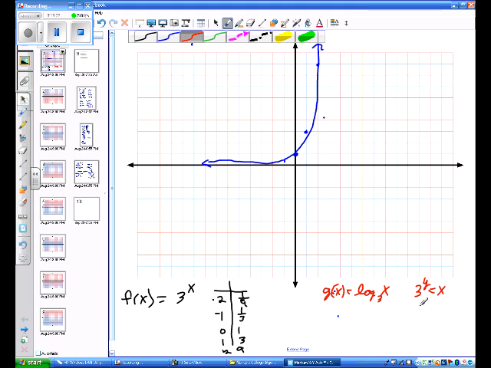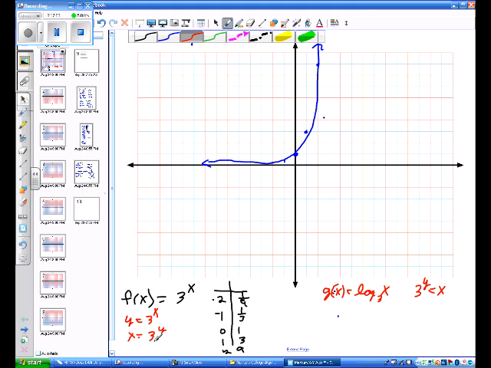So what we're actually doing is the inverse here. If I just write y equals 3 to the x, when we wanted the inverse functions, we would switch the x and y, and then solve for y. That's the inverse of an exponential function.